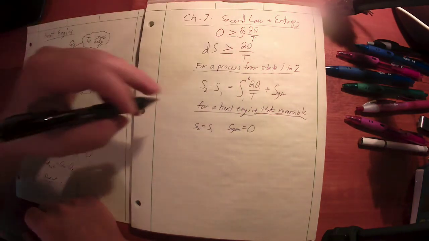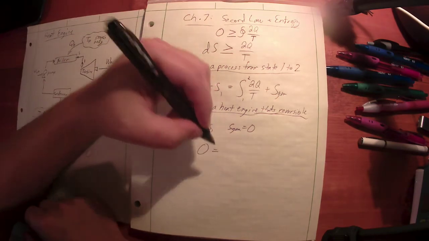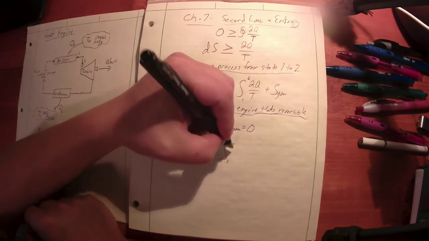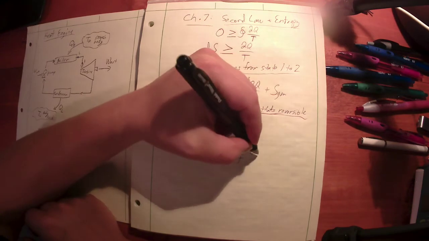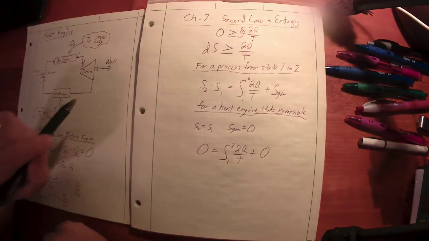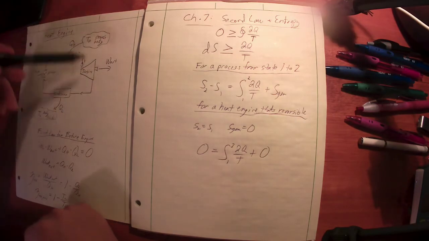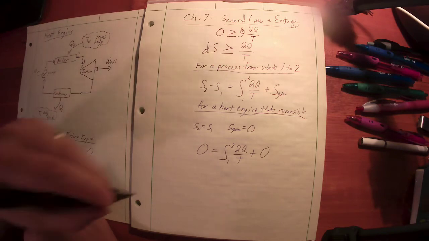All right? So if it's a cycle, I'm going to have an entropy change of 0, and I'm going to generate 0 entropy. So all I'm left with is this integral of dq over T plus the entropy generated is 0. All right, well, if we go around this heat engine cycle, everywhere that I add heat, I need to add Q divided by the temperature at which it occurs.